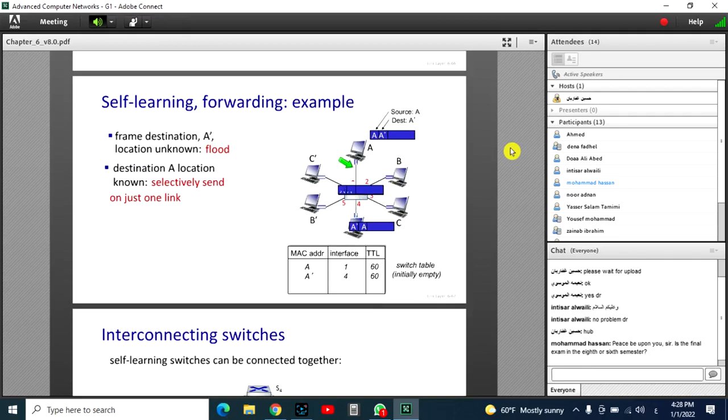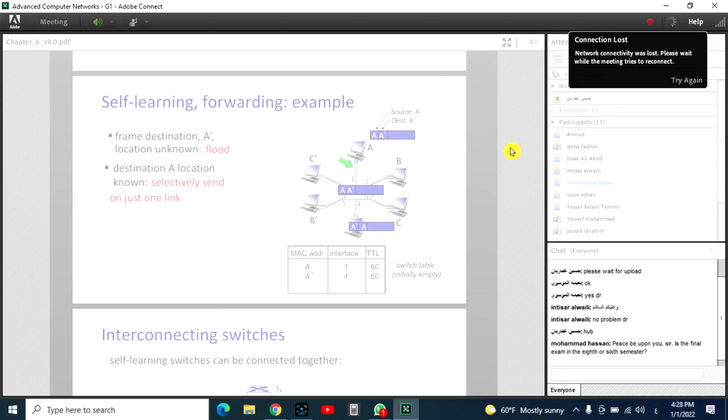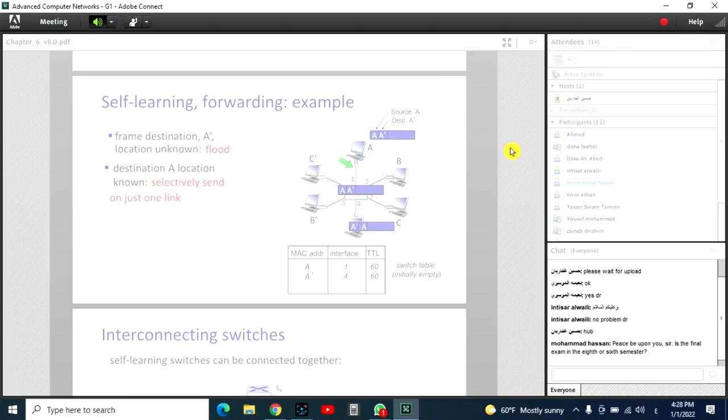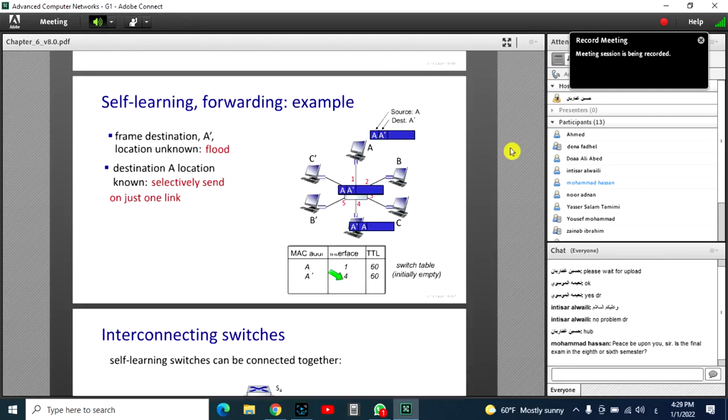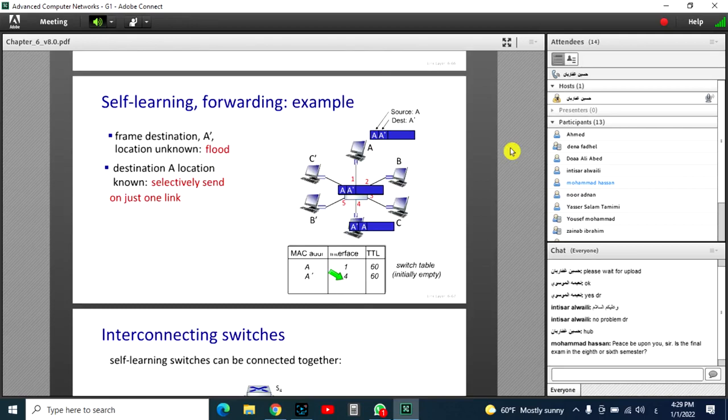For example, here, A. At that time, the switch learns about A prime. Okay, A prime, I can reach A prime over interface number 4.